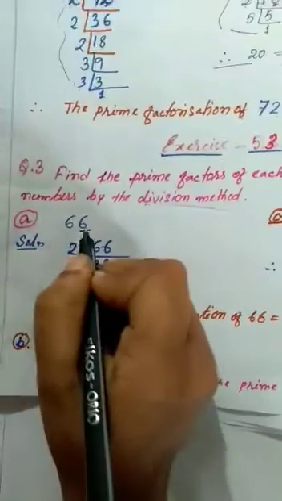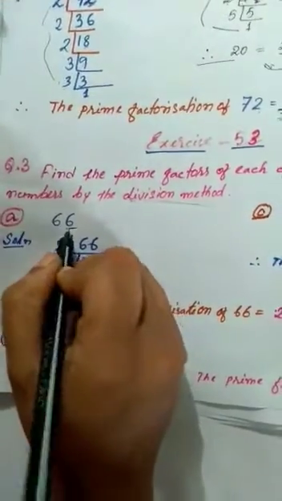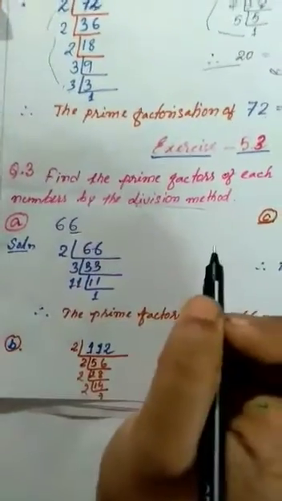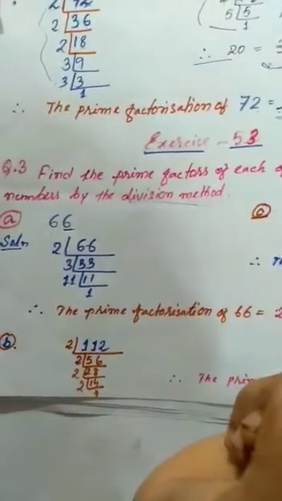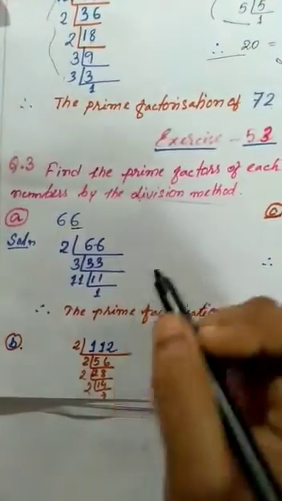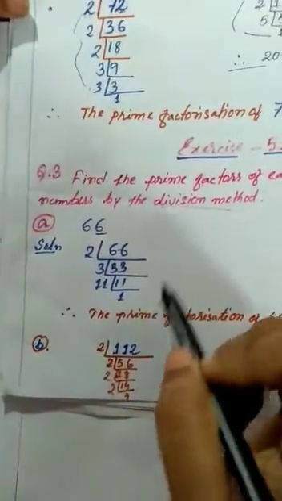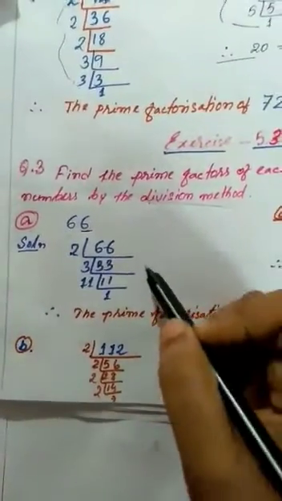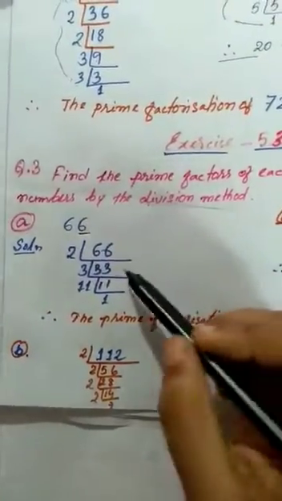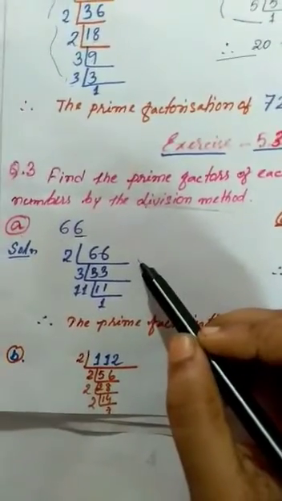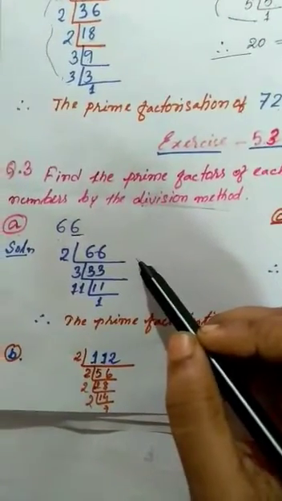If you see, the last or unit place digit is 6. As you know, from the divisibility test we have got that if the unit digit is 6, then it is divisible by 2. And we have to check divisibility starting from 2 first, as 2 is the smallest prime number.